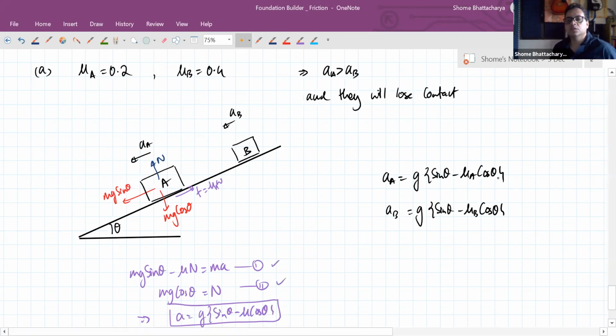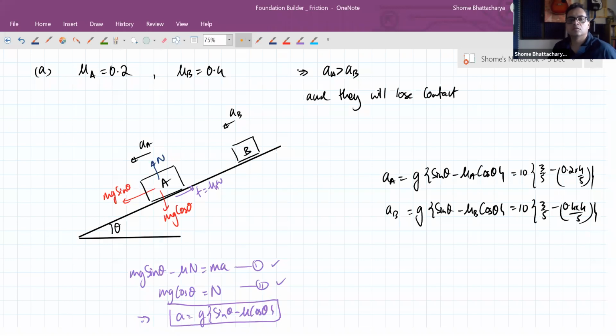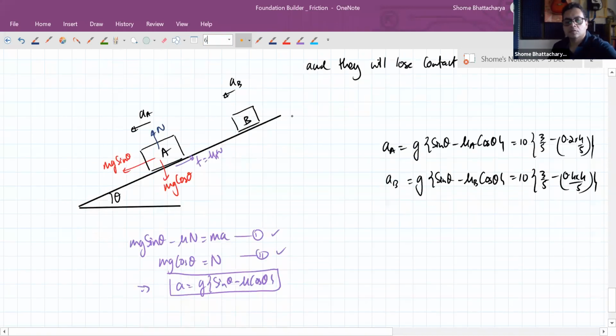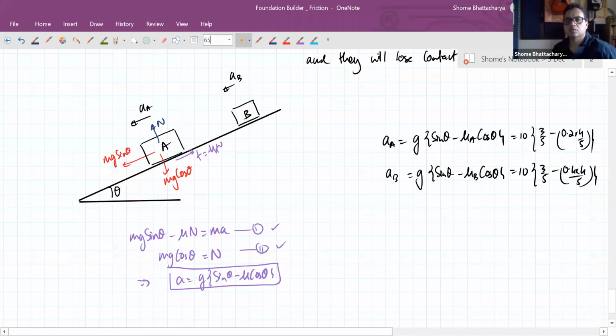So anyway, when you numerically substitute, this will come out to be 10 into 3 by 5 minus 0.2 into 4 by 5. This is 10 into 3 by 5 minus 0.4 into 4 by 5. Next step, these values.